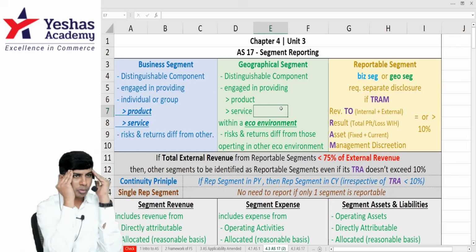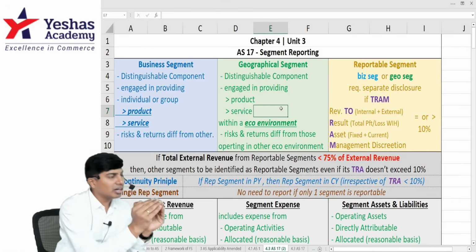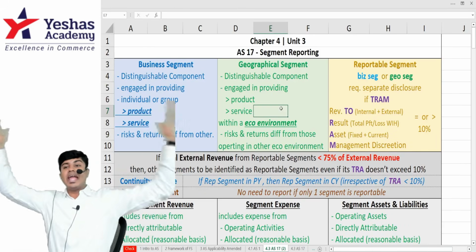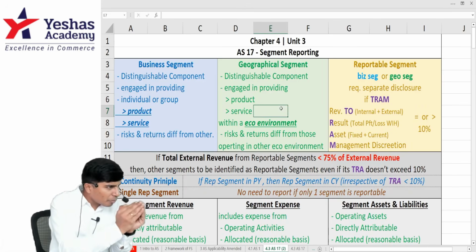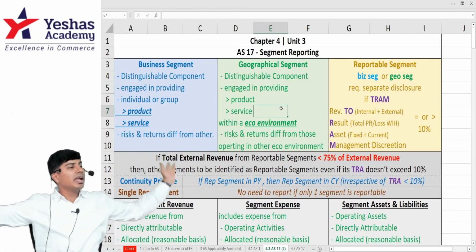Our major focus should be on that 20% of products which is actually contributing 80% of our revenue.